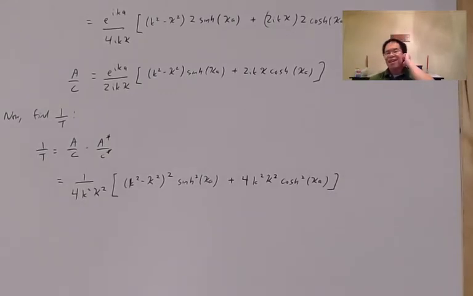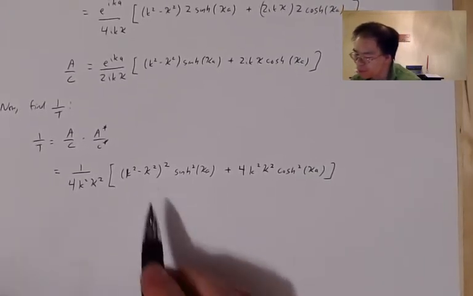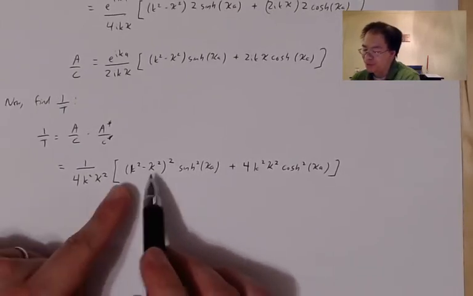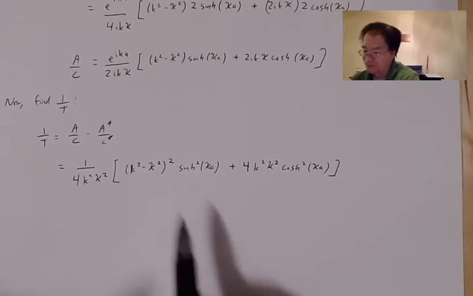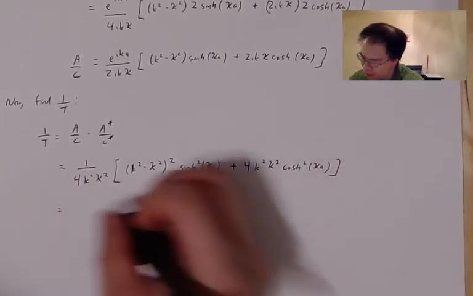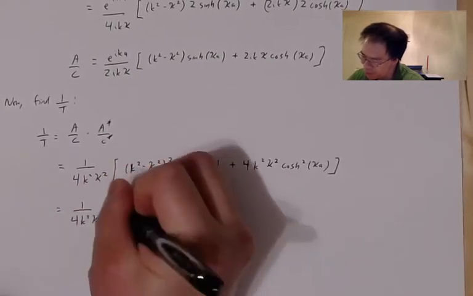Okay. Now Townsend claims that this simplifies, which it does. We just have to manipulate this even more. At this point, it's going to turn out to behoove us to square this piece here. If I multiply that out, it maybe doesn't look like it helps, but let's do that.